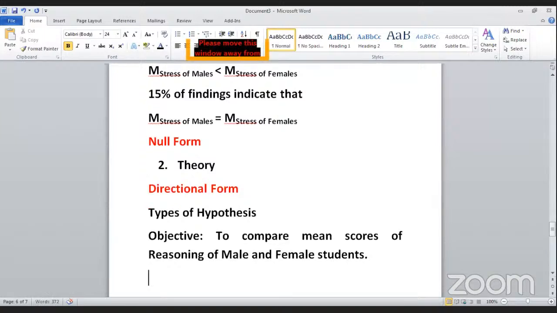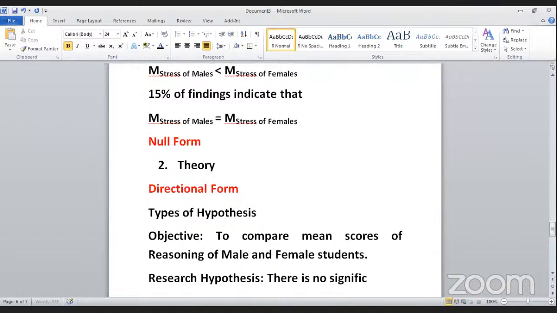Now I am writing the hypothesis. So please understand that. First I'm writing the research hypothesis. Now, the research hypothesis will be: there is no significant. Now see, you know the third definition of the hypothesis?